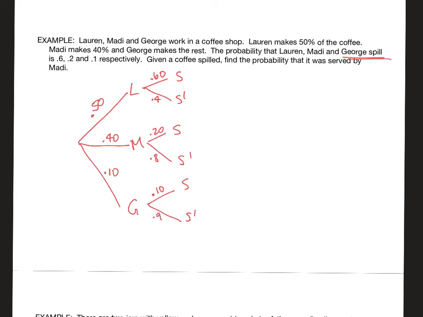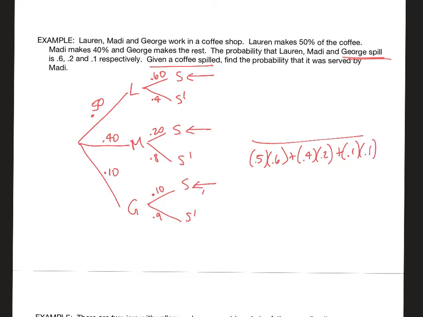All right, so now that I've got the whole tree, let's see. Given that a coffee spilled, that means that branch and that branch are going to be the denominator. So I'm going to have 0.5 times 0.6 for the top branch, 0.4 times 0.2 for the middle branch, and 0.1 times 0.1 for the bottom branch.